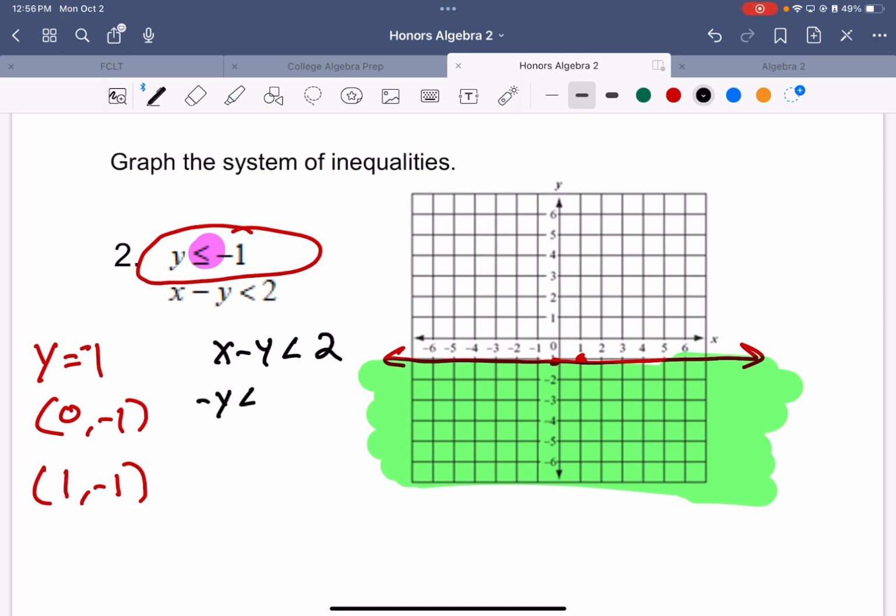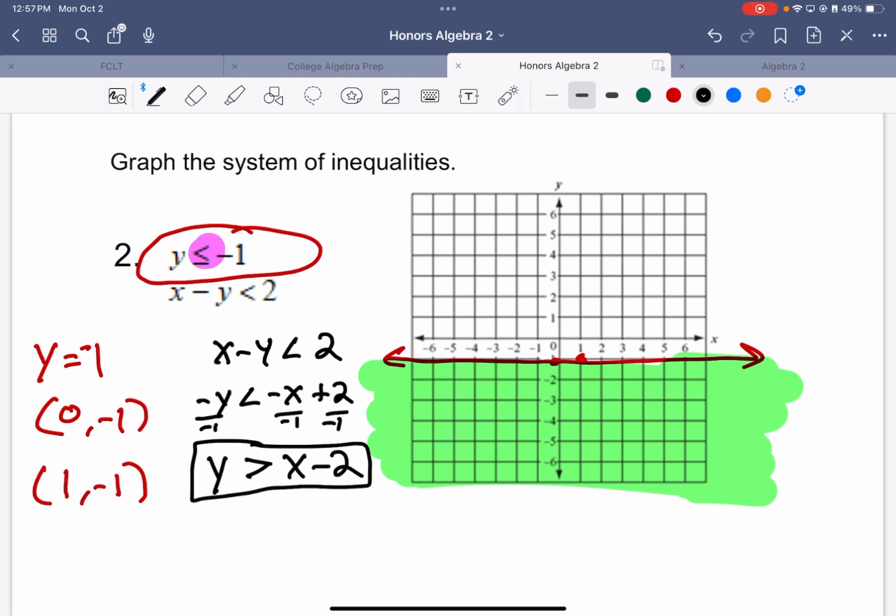So -y is less than -x plus 2. Now we have to divide by a negative. Remember, when you divide by negatives, inequalities, they flip. So y is greater than x minus 2. This is the one we're going to use now.